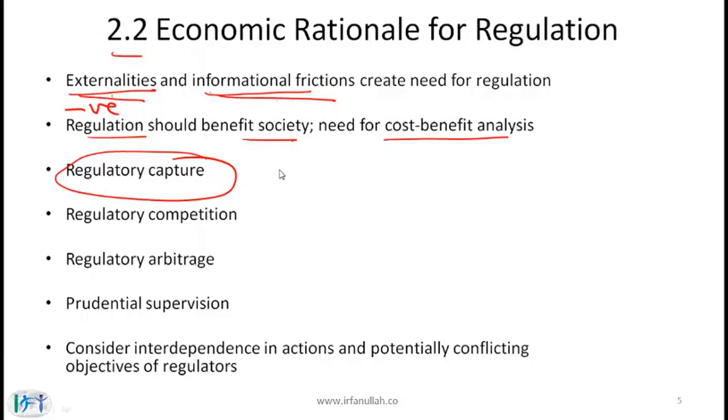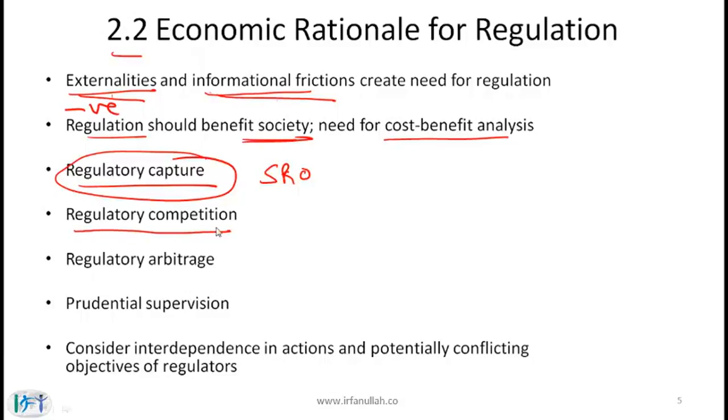I alluded to this in the context of SROs, but the basic danger is that if the regulator becomes too business friendly or biased towards the industry or companies that he's regulating, then obviously that hurts society. So we need to be careful that regulatory capture not take place.